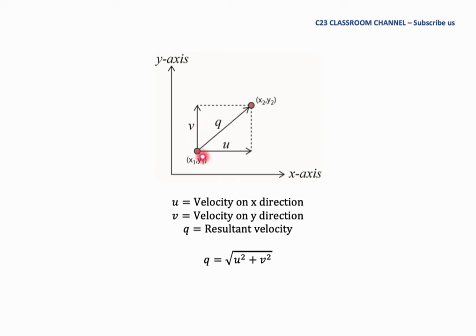So this molecule has a component of u velocity and v velocity. Please remember that u is the velocity in the x direction and v is the component velocity in the y direction. The resultant velocity can be calculated by using this equation, the square root of u squared plus v squared.